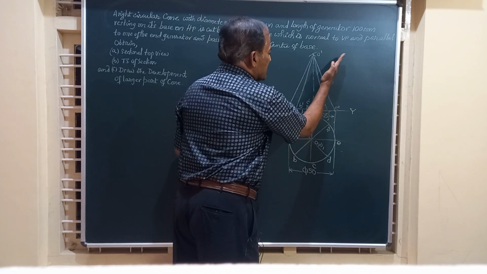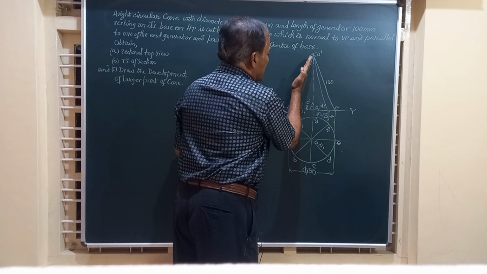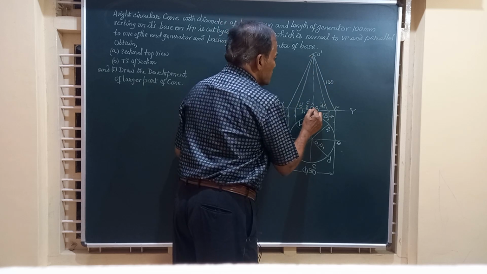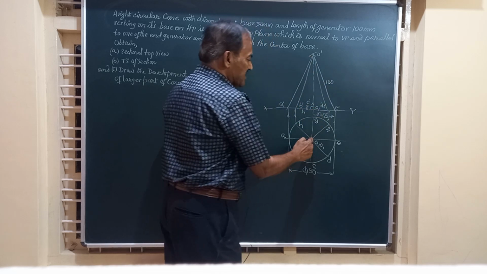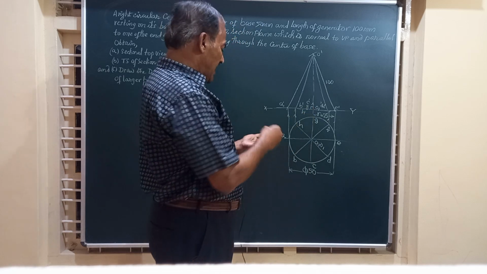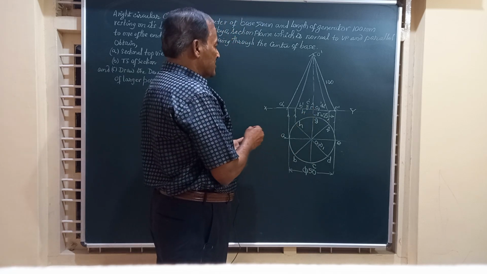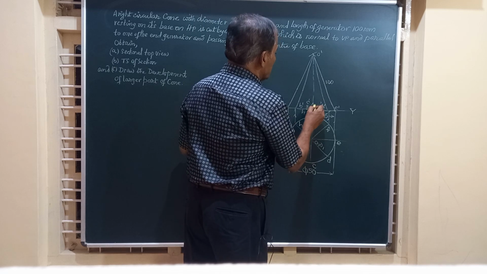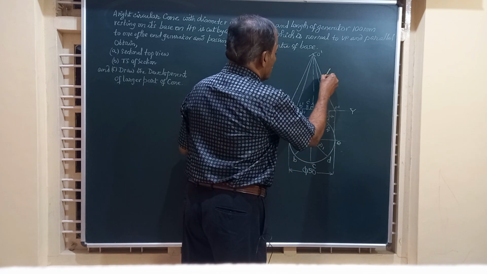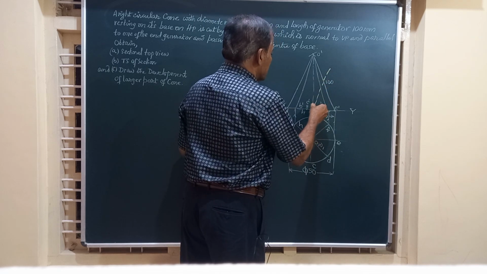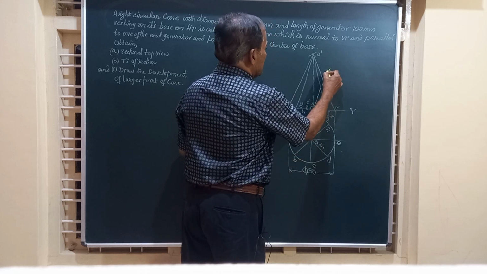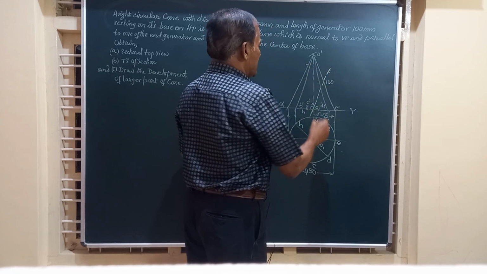You can take the section plane parallel to this end generator passing through the center of the base. Center of the base is O1. So I am going to mark this section plane passing through this but parallel to one of the end generators. So this line is parallel to this OA.